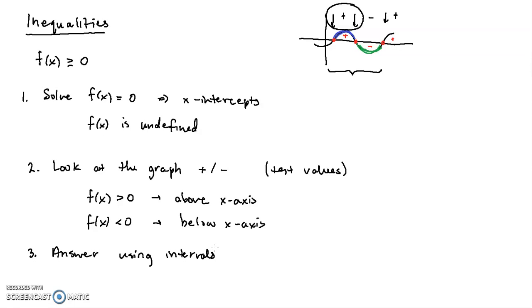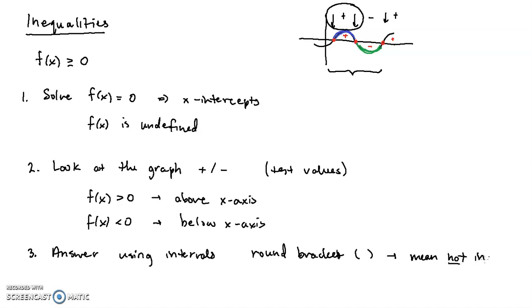Hopefully everybody's familiar with intervals. If you're not familiar with intervals, I've got a review video I can toss in the modules. When you're doing intervals, round brackets like this mean not included.